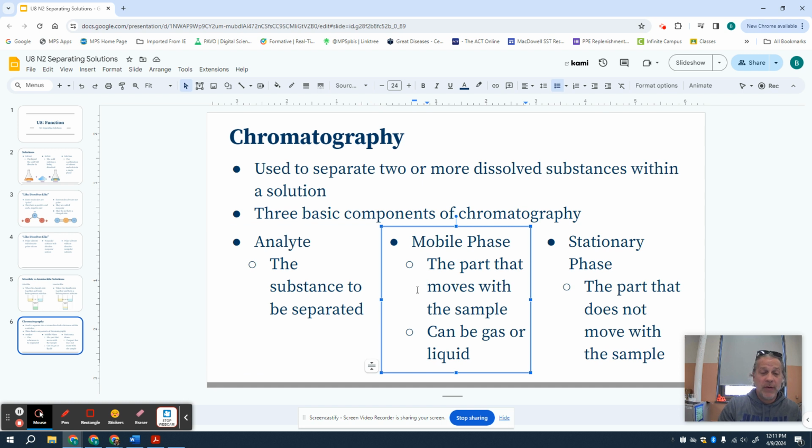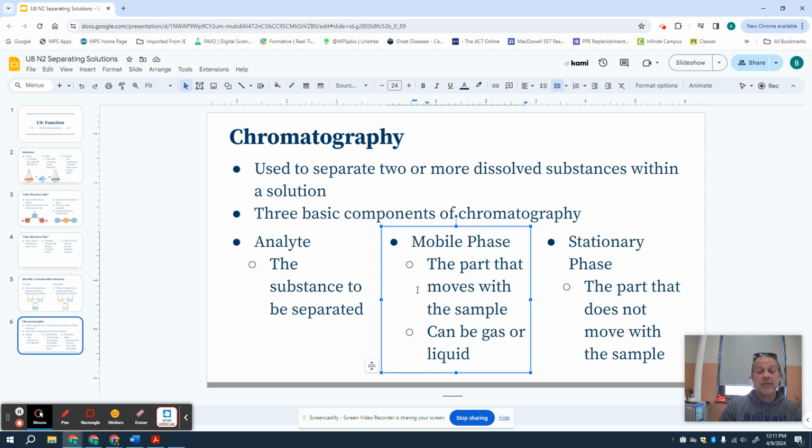We also have the mobile phase. This is the part that moves with the sample, and it could be a gas or it could be a liquid. What's really happening during chromatography is that we take our analyte and have it move across an object, and when it's moving, that's called its mobile phase.